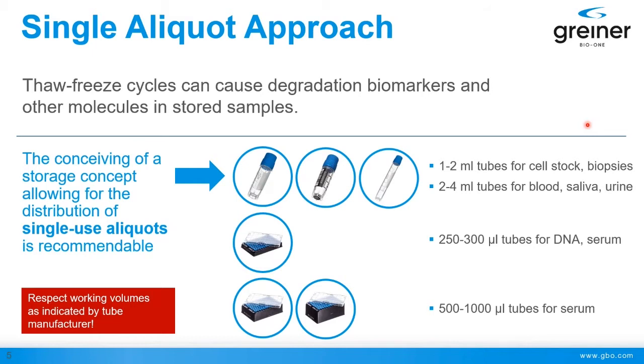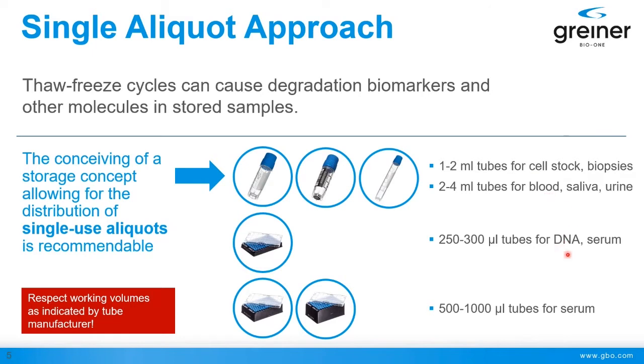Store your sample type in the best and most appropriate format and volume. And examples are given here. It's pretty much a standard to store cell stock and biopsies in 1, 2, or 4 milliliter samples, whereas the 4 milliliter volume preferably is used for saliva and urine. These materials don't have too much material and cells and DNA in it, so that you require larger volumes.